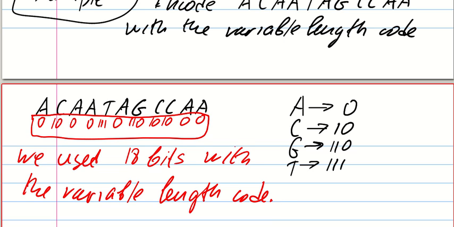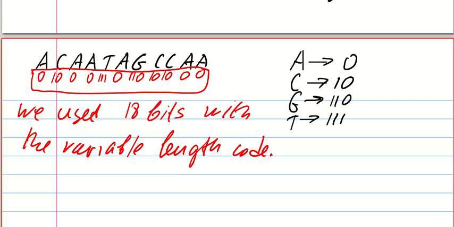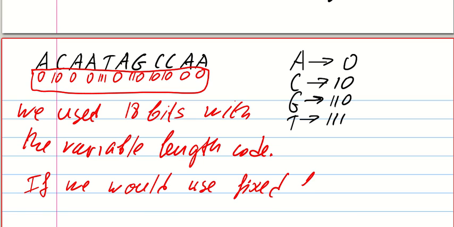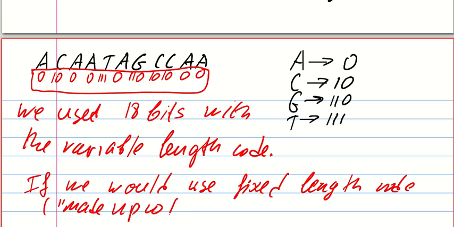So what would happen if we used the made-up code, which is a fixed length code? For the fixed length codes we can use the made-up code, right?